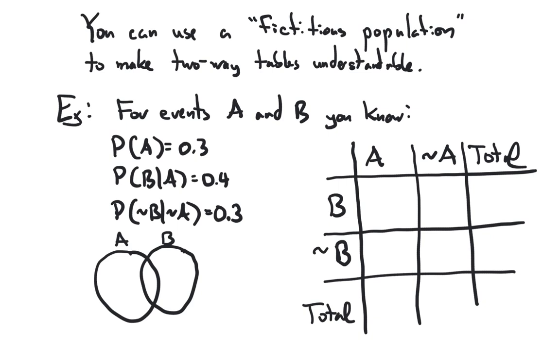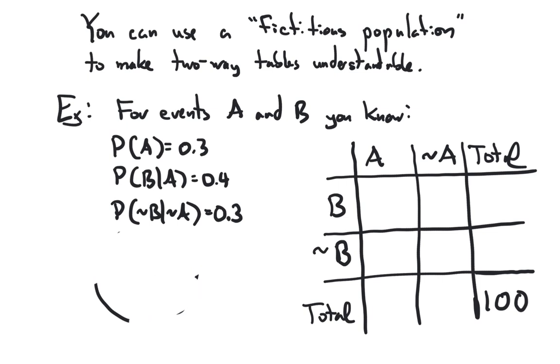Okay, but for this purpose, let's put a population in here. So rather than saying that the total is 1, let's say there are 100 people in my population. Then I could work out, let me just erase this Venn diagram here, the number of people in each of these events. So let's look at the probability of A is 0.3.